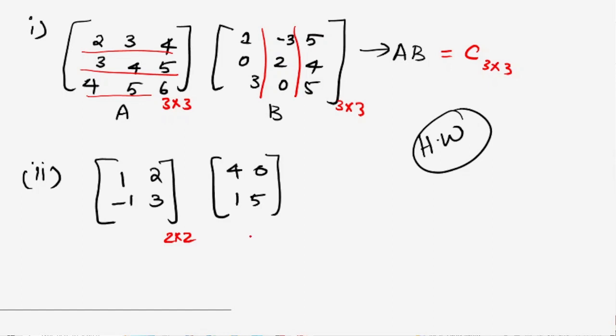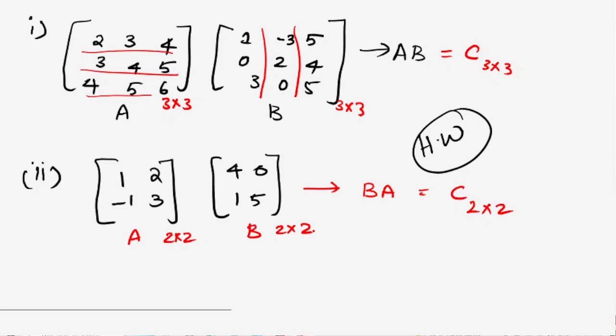If this is the A matrix and this is the B matrix, I'm giving you one difference here. Here you have to find B into A matrix. So your C matrix will surely be a 2 by 2 matrix only.